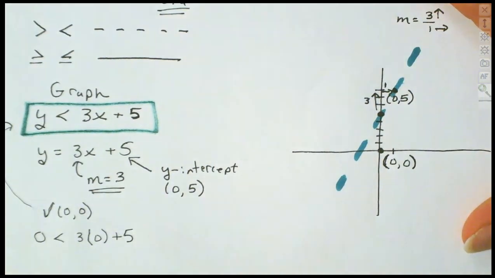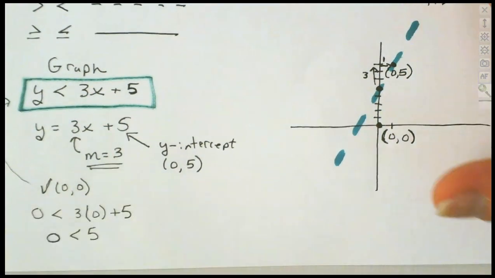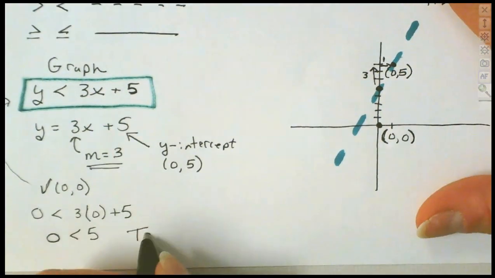And we're trying to see if this is true or if this is false. Well, the right-hand side comes out to be 5. Left-hand side is 0. Is 5 bigger than 0? Is that true or is that false? Yes, 5 is bigger than 0, so this would then be true.